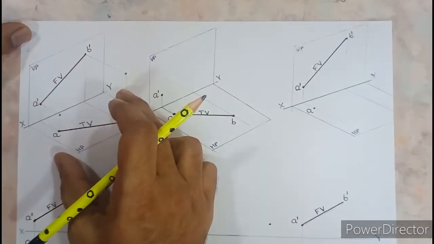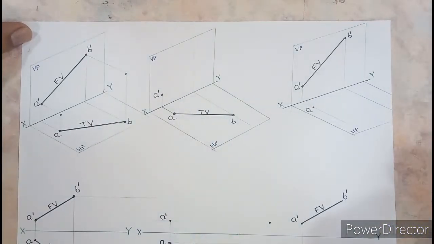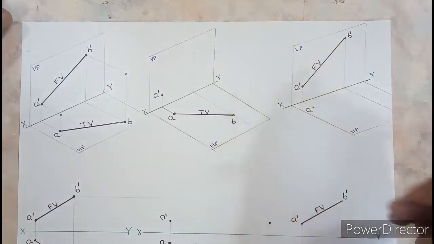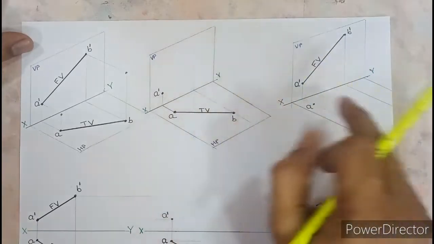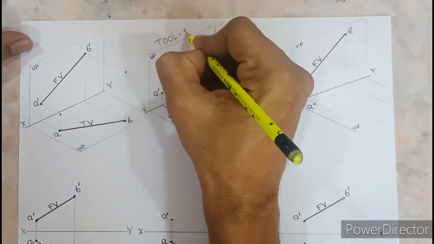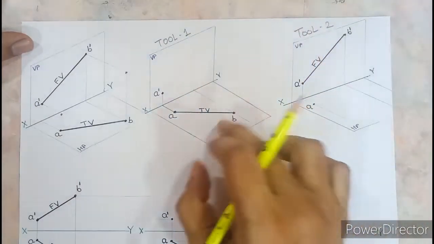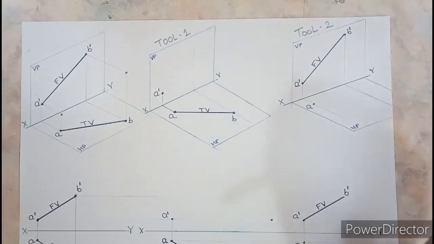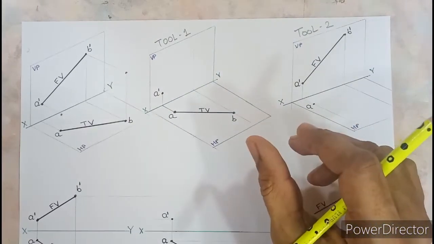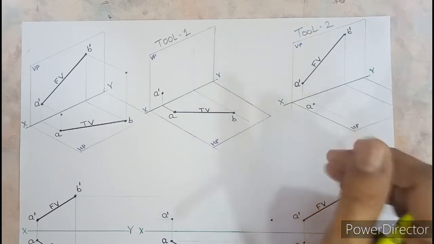Now I have split this diagram into two parts, first and second. As you know, in mathematics you have formulae to solve any numerical. In this topic, lines, these are the two formulas. We will call this formula tool 1 and this formula tool 2. Now this is not a mathematical formula. It is a formula obtained by drawing. If you draw certain lines, you can derive those formulas.